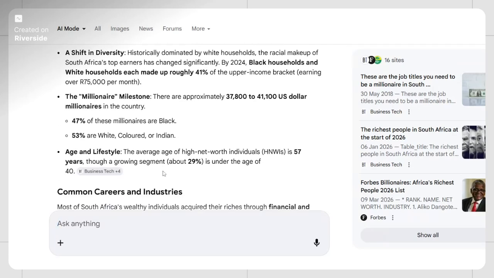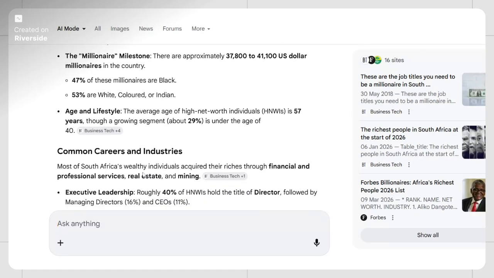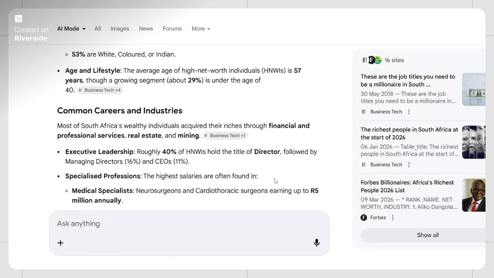Common careers and industries: most of South Africa's wealthy individuals acquire their riches through financial and professional services, like real estate and mining. Executive leadership: roughly 40% of HNWIs hold the title of director, followed by managing directors at 16% and CEOs at 11%.